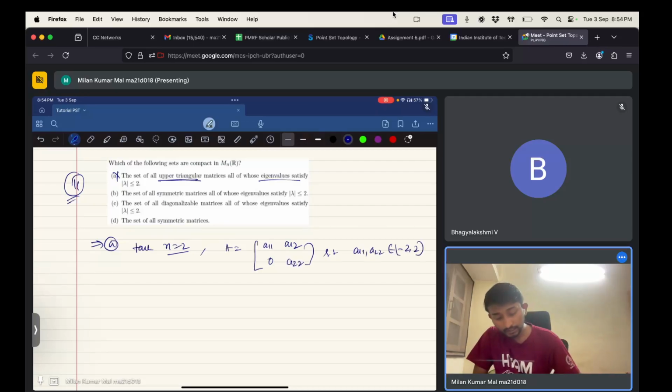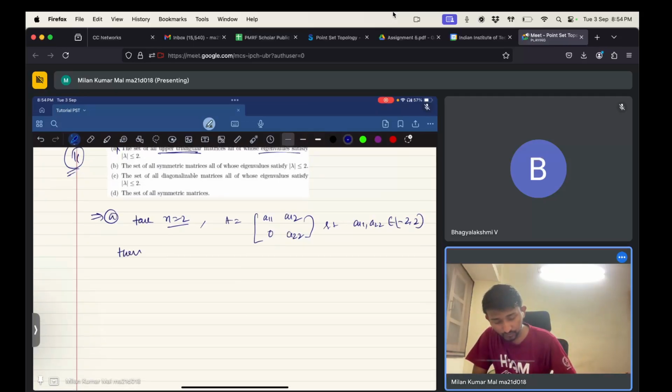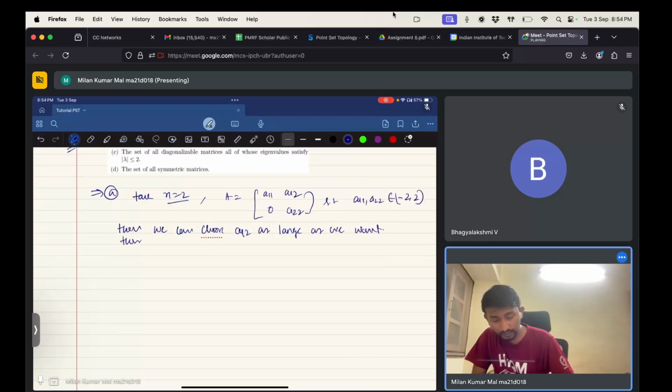Then we can choose a12 as large as we want, by a similar technique. Then A need not be bounded. The space of matrices of type A need not be bounded.